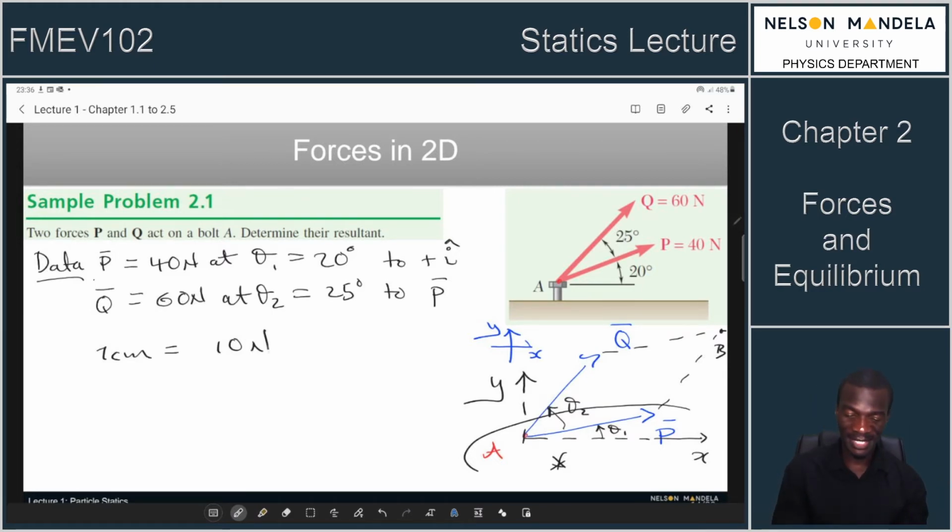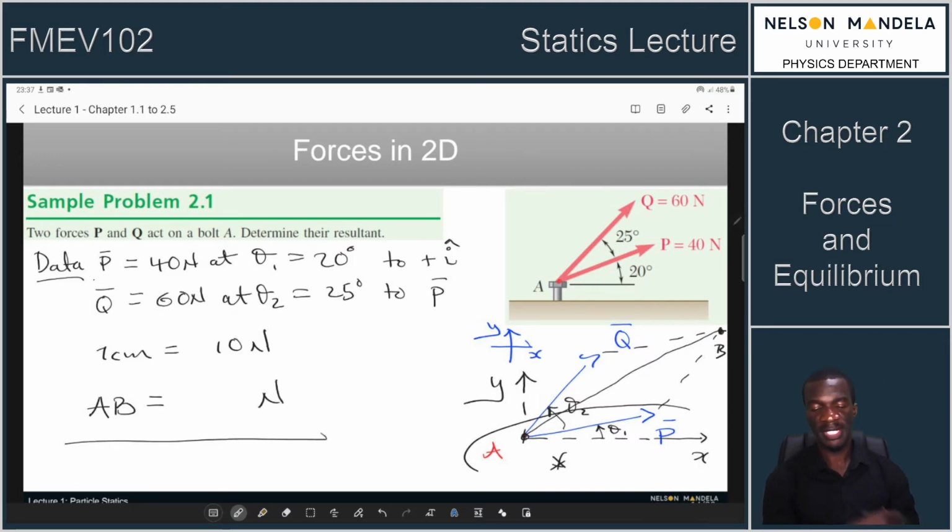So graphically, you can draw 4 centimeters and you can draw 6 centimeters. Then when you plot it on graph paper, you can now measure with your ruler these 2 points, A and B, so that you can find AB is equal to so many centimeters, then you convert them to newtons. That is using the graphical technique.